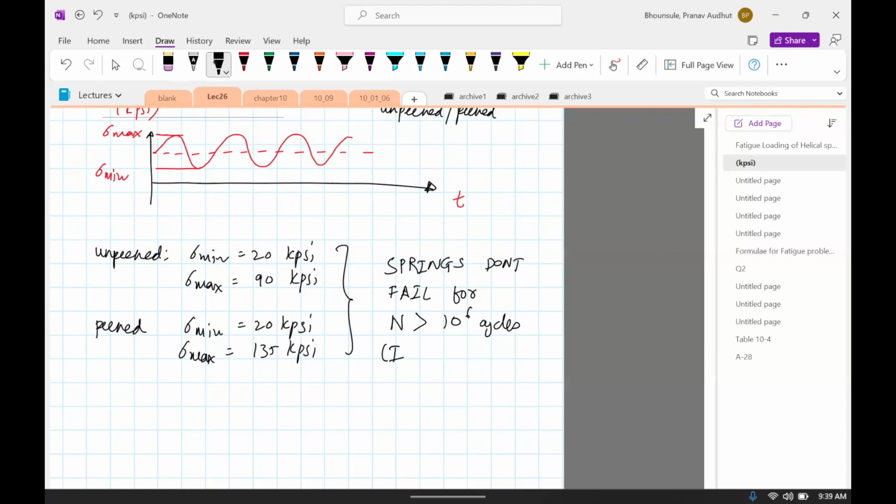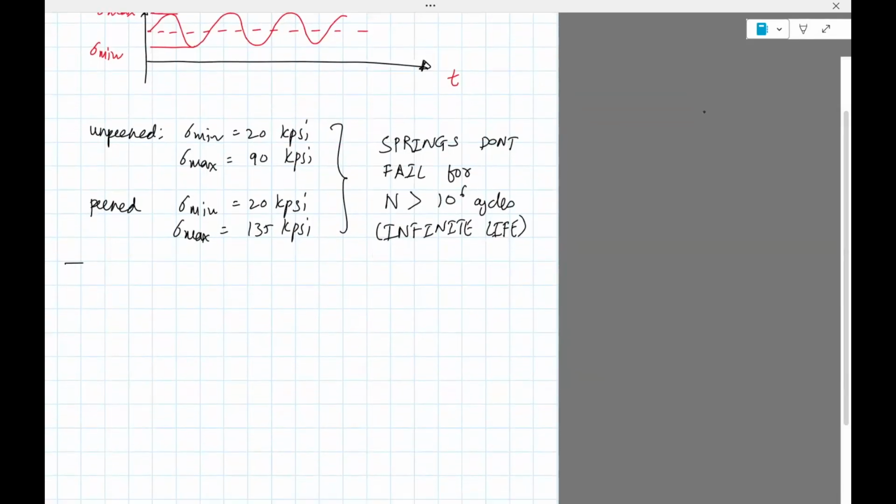So they have an infinite life. With this empirical data, we will now try to come up with criteria for designing springs.